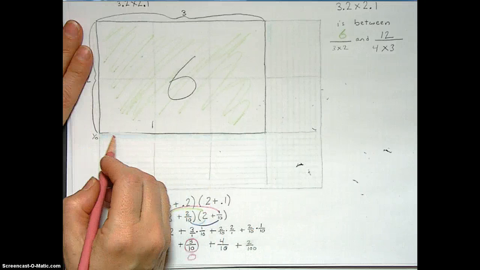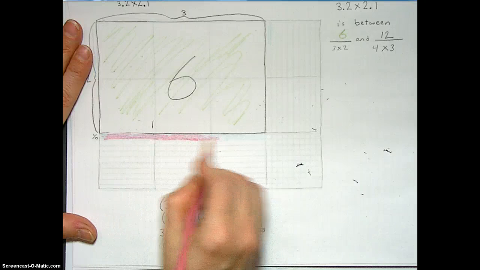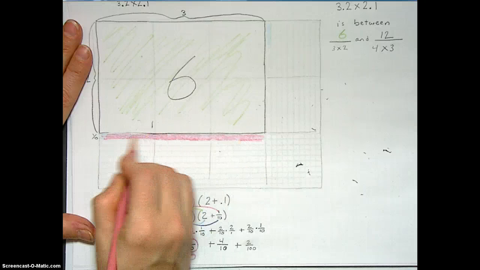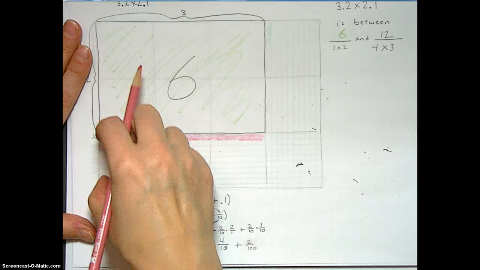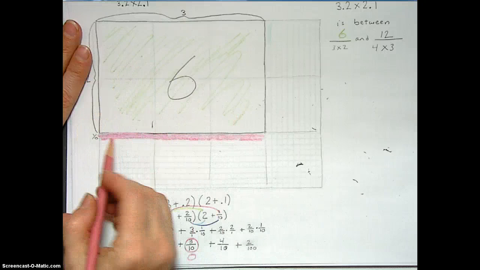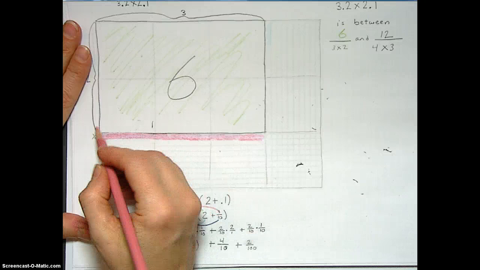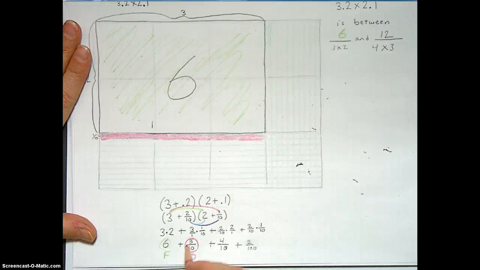So I'm going to go ahead and shade in the actual right color, unlike what I just did a moment ago that you can't see. So here we've got 3 times that 1 tenth. There's 1 out of 10 little pieces of a width of 1, and we're shading in one of them. Across, this is 1 tenth, and we're going 1, 2, 3 as the length. So that's our 3 tenths, 3 times 1 tenth.